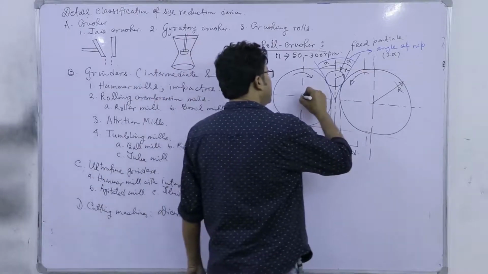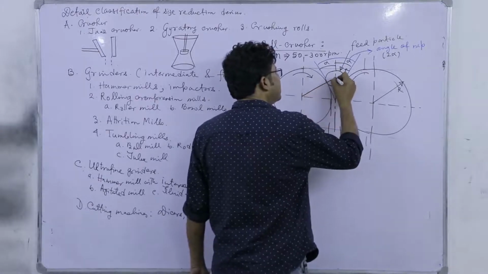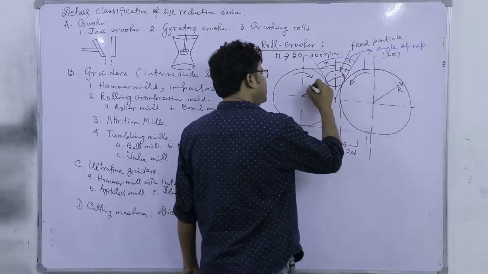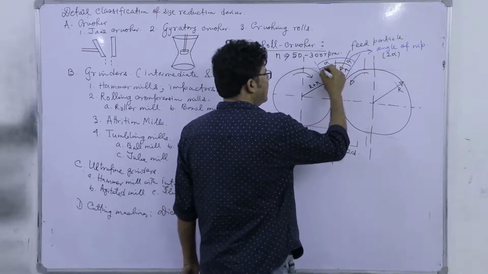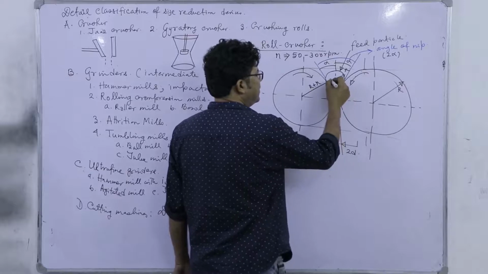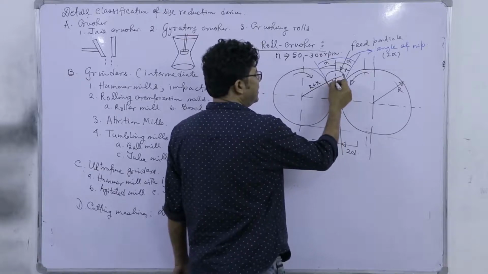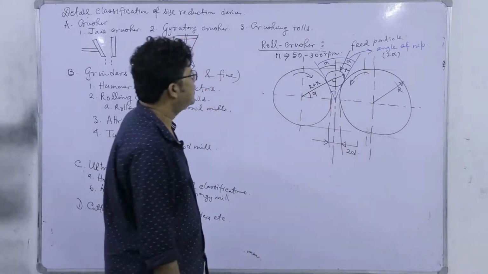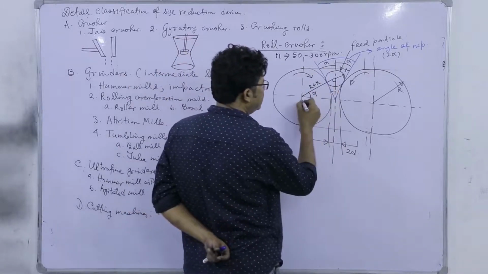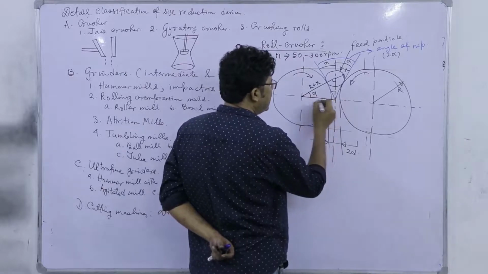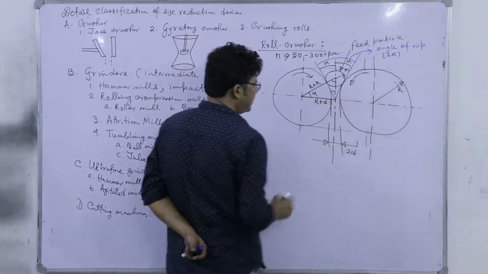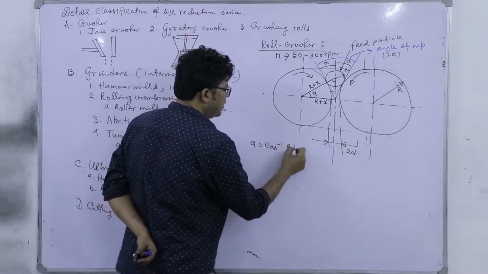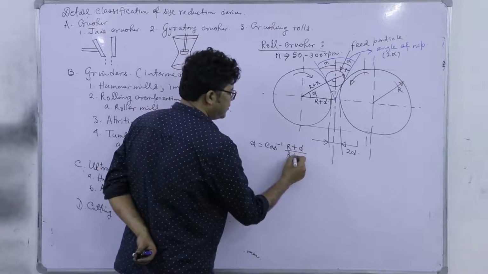Why? Because if you just join these two centers, this is R plus r. Now, if this is alpha, and this is 90, then this is 90 minus alpha, so this is alpha as well, right. So, this is R plus r, and this side of the triangle is R plus d. So, alpha is cos inverse of (R plus d) divided by (R plus r).